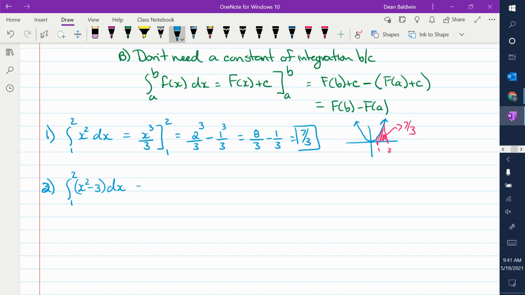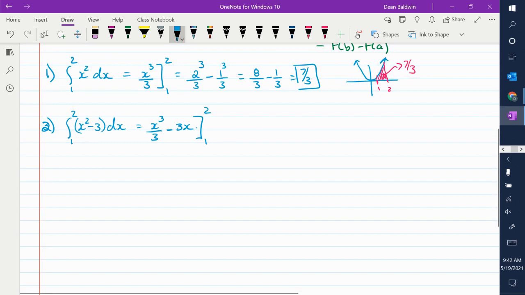So we find our antiderivative, which is what? X cubed over 3 minus 3x, right? And we're evaluating that whole thing between 1 and 2. So the 2 goes in first. So it's, again, 2 cubed over 3 minus 3 times 2. And then you subtract when you put 1 in.